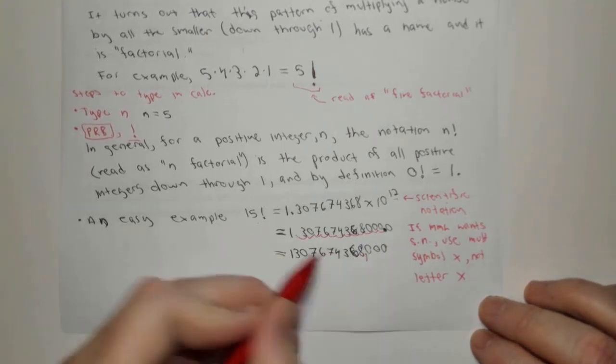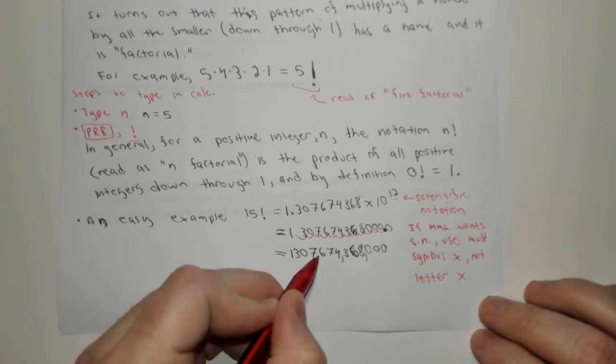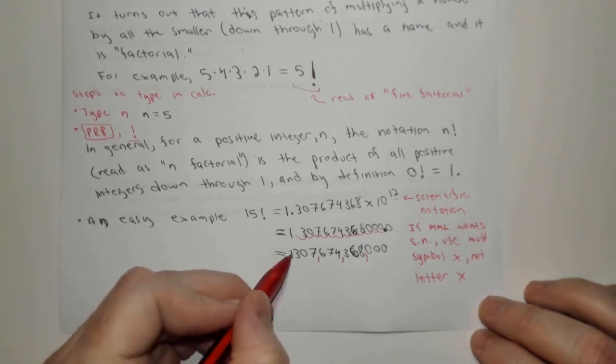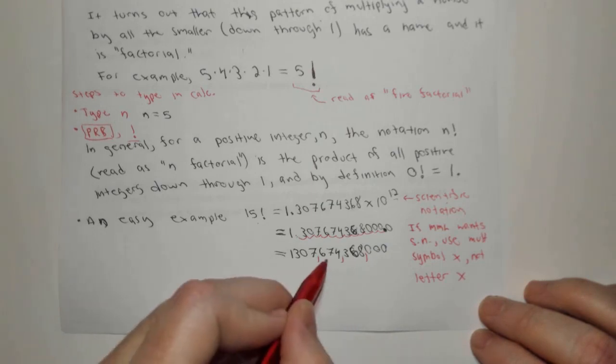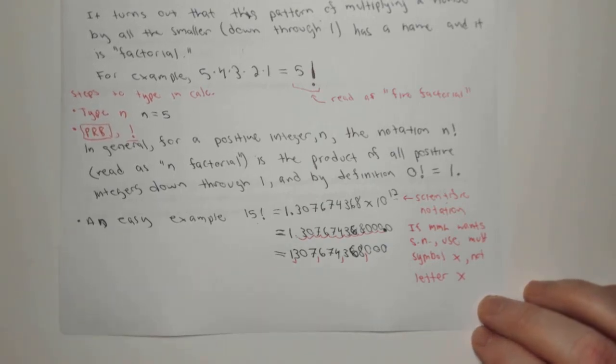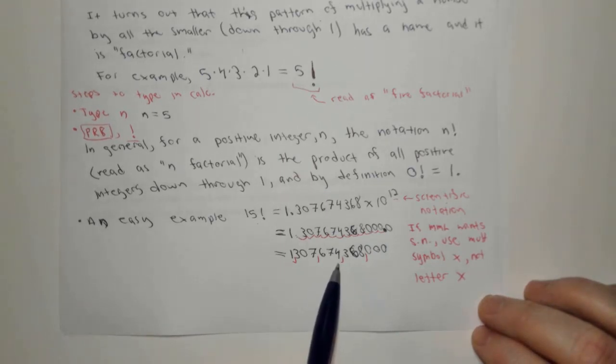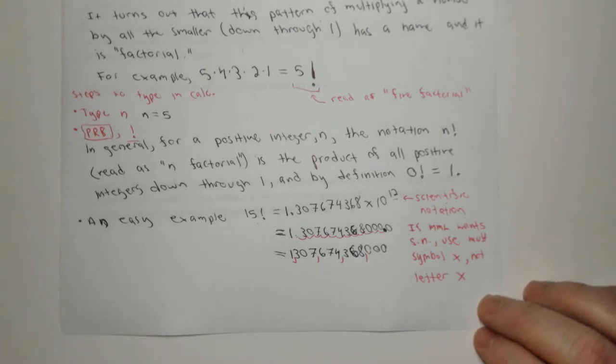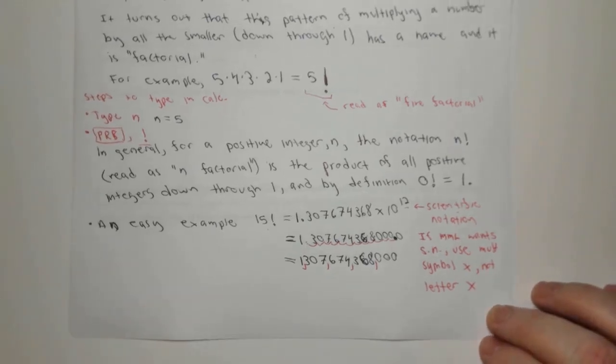That's 1,000, that's million, billion, no, I'm wrong, 1,000 million billion trillion. So it's 1,307,674,368,000. So that's a huge number. They may want it in this form, they may want it in that form.